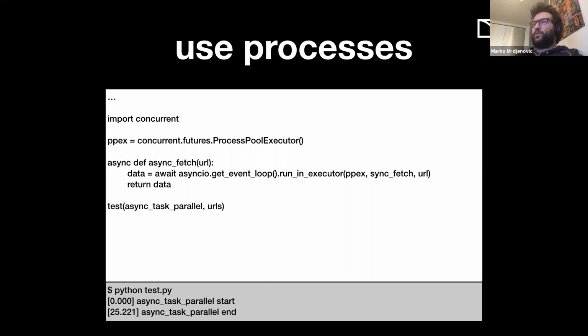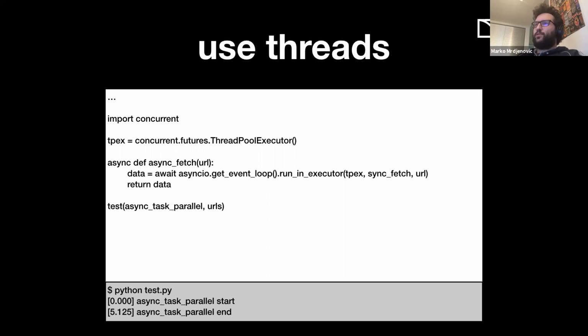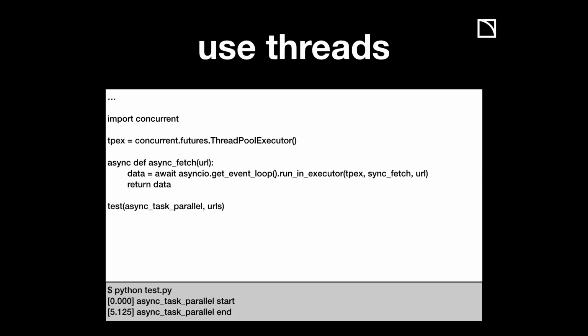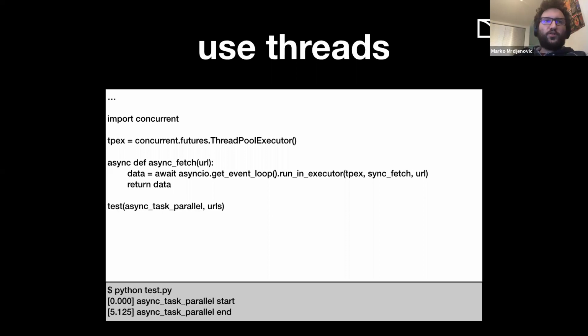The difference between process pool executor and thread pool executor isn't really that big. It's basically the overhead of creating a process versus the overhead of creating a thread. The difference in times here is because when you use process pool executor, you get fewer workers, while you have more threads per core. Version 3.7 will give you the number of processors on the machine multiplied by 5.